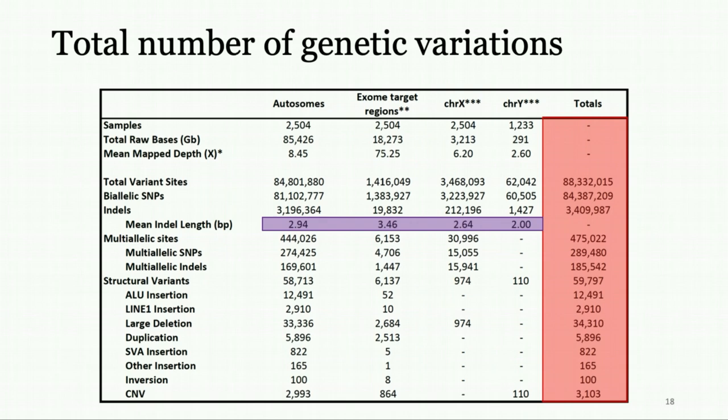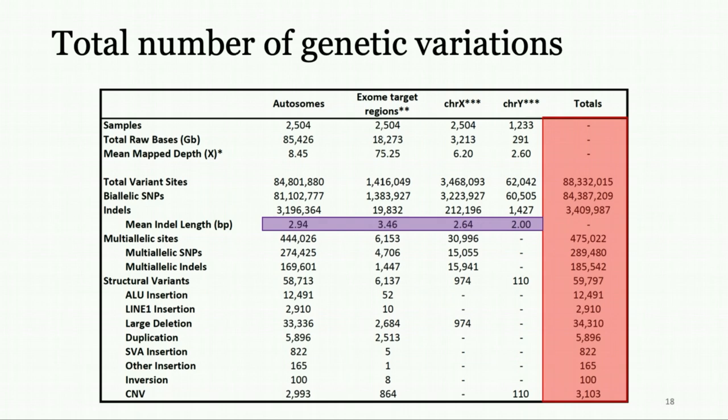In order to have multi-allelic SNPs, you require mutation to happen at the same position at least twice, and that's not very common in reality. The one thing to take away from this figure is that the scale of the number of differences we can find in the human genome is about 88 million.